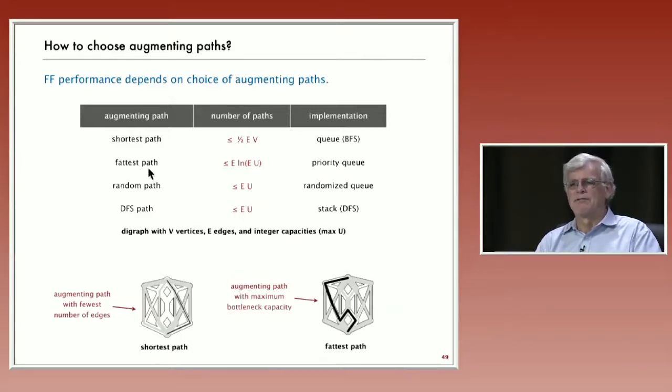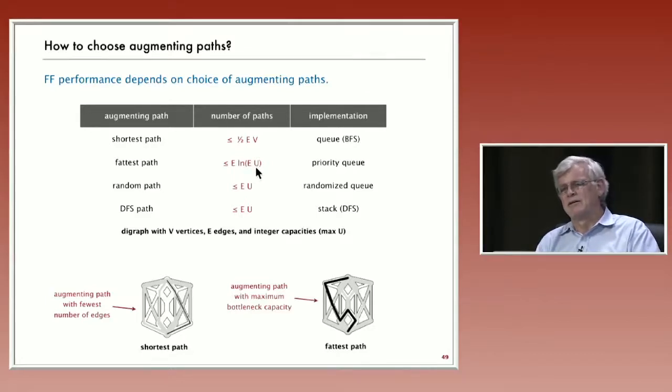Another example is the fattest path. So that's the augmenting path with maximum bottleneck capacity. And again, that one is pretty easy to implement, very similar to our implementations of Dijkstra and Prim's algorithm, and we'll see in a minute. And again, the conservative upper bound on the number of paths taken by that algorithm is number of edges times the log of product of edges and capacity.